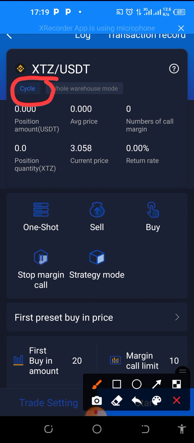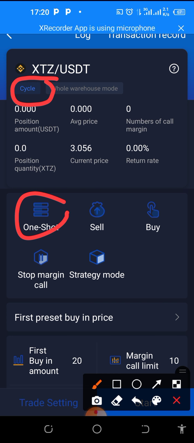Now, what is the one shot which you have here? The one shot means you don't want it to continue on a cycle mode. You just want it to execute that particular trade, that particular buy and sell order, and exit the market to wait for another instruction. So that is one shot. One shot means you don't want it to continue cyclically. You don't want it to continue till infinity.